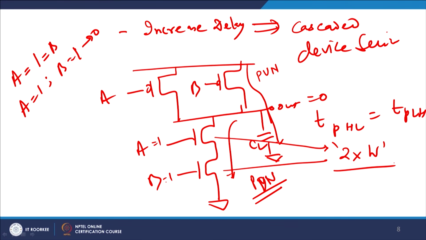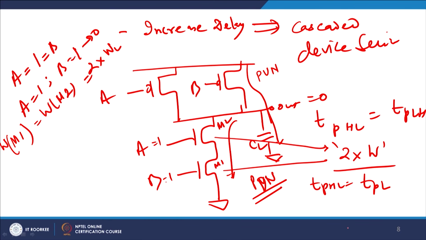If you make the width of M1 and M2, WM1 equal to WM2, equal to twice its initial value, then I will get TP-HL equals to TP-LH.